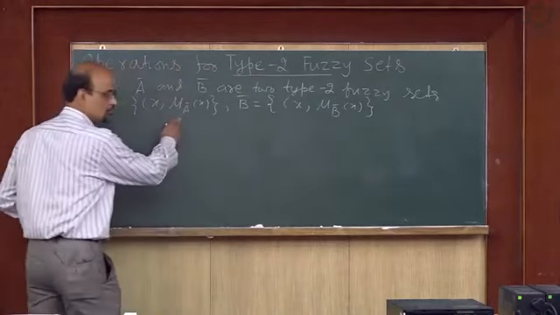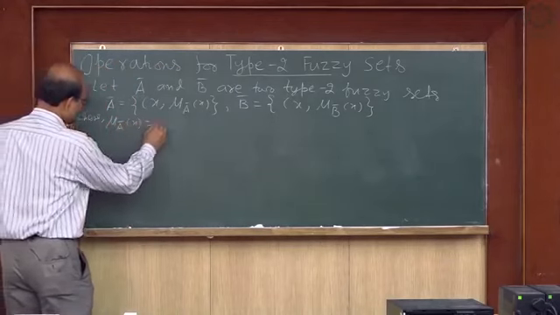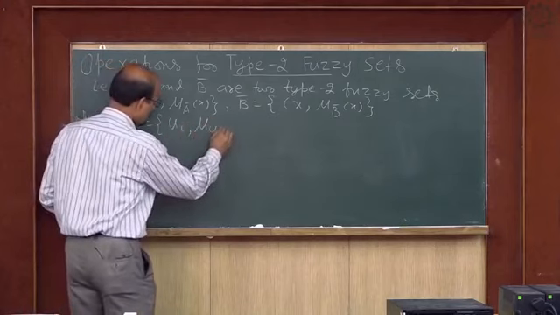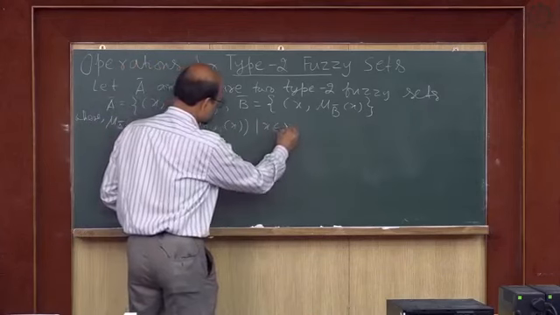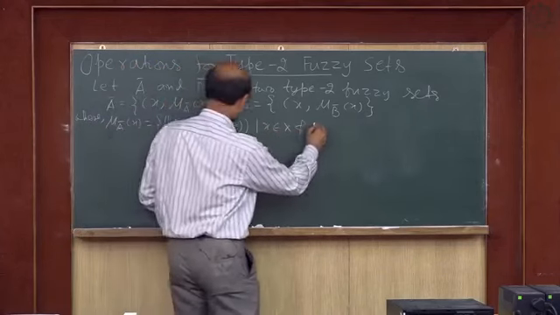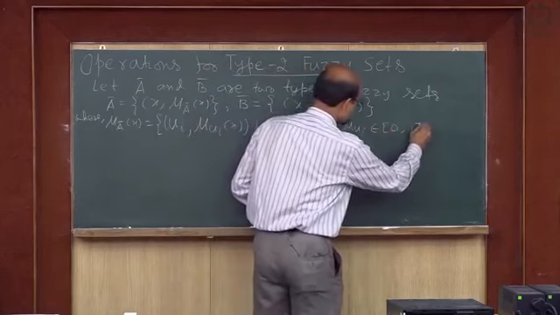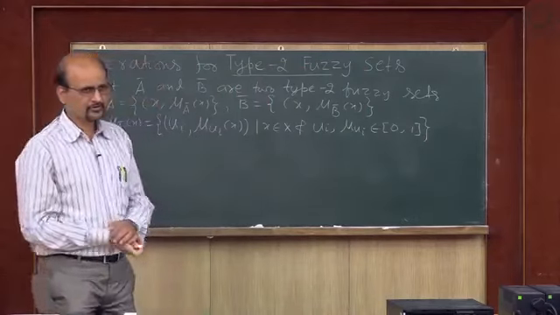Now, mu A bar x will be ui, mu ui x, such that x belongs to X and ui and mu ui belong to [0,1]. You have understood.